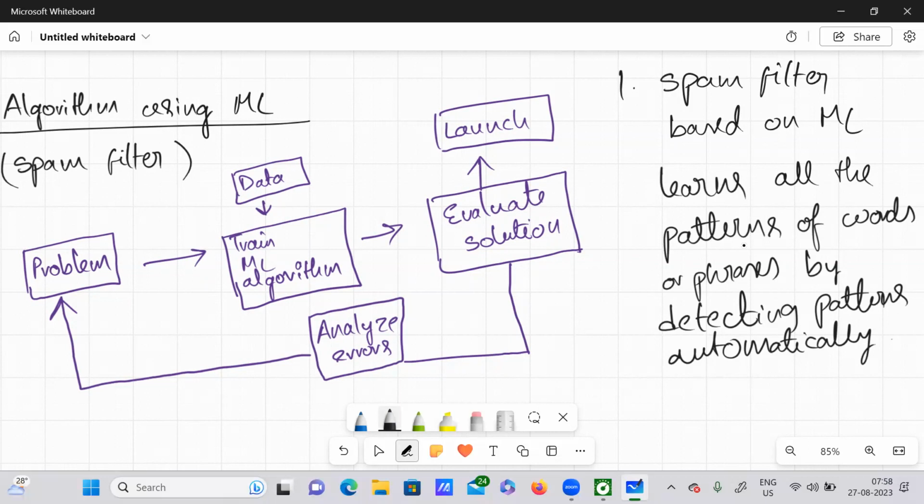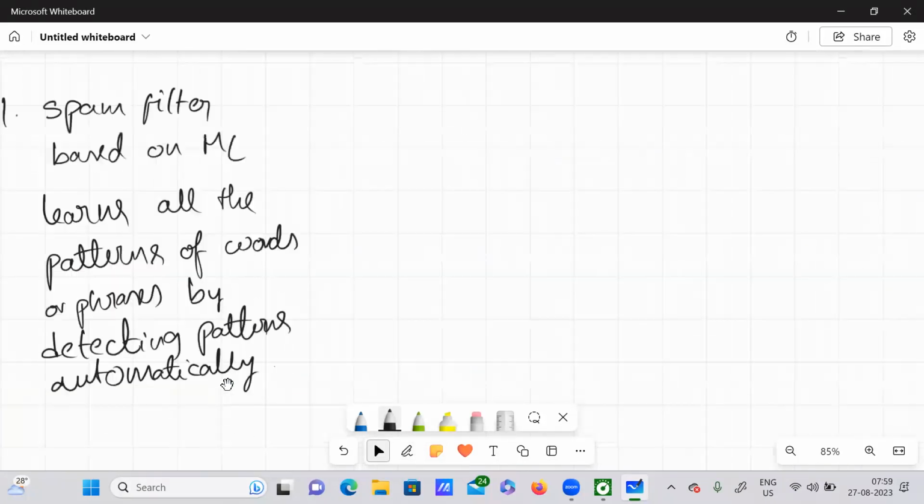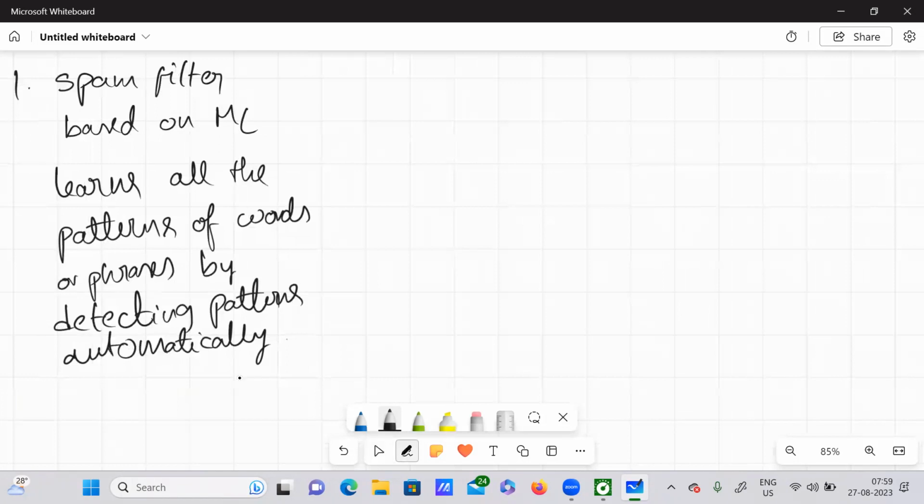Here we are saying these words or keywords are good predictors of spam. What I'm trying to say is, our spam filter based on the machine learning algorithm usually learns all the keywords, such as credit card, or maybe credit and free.